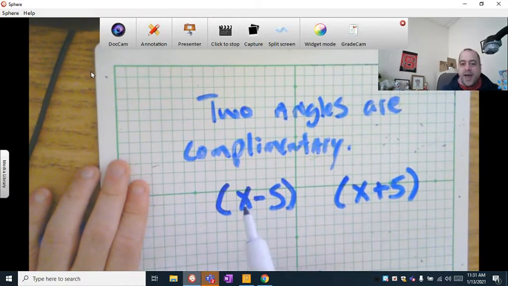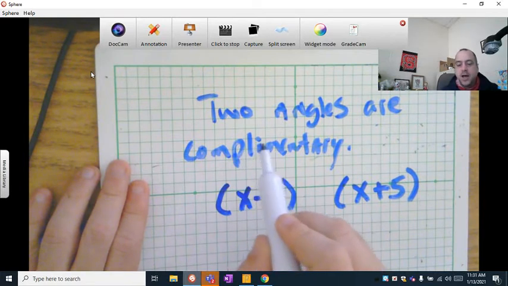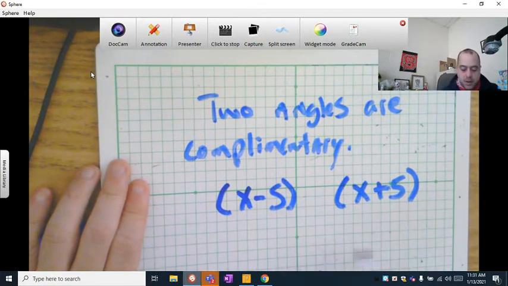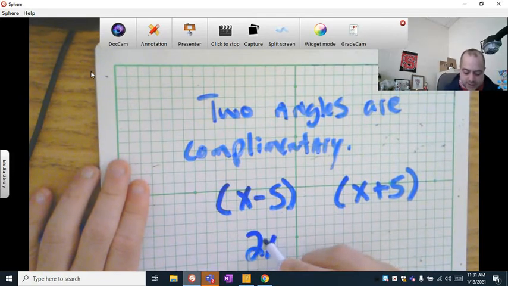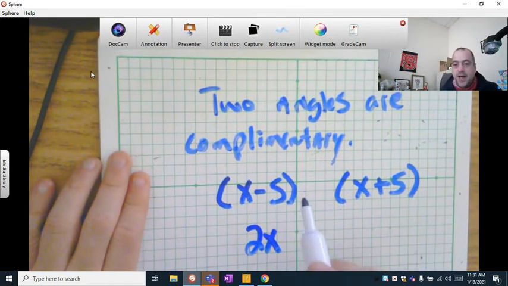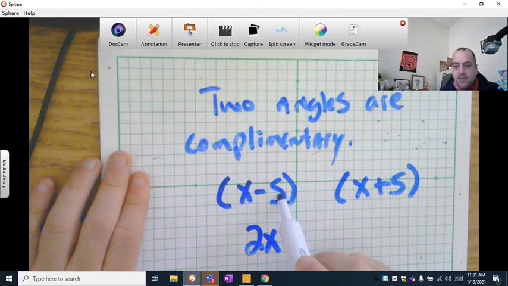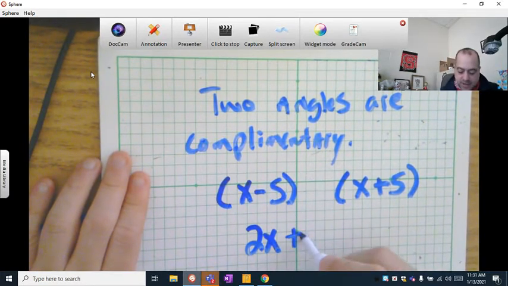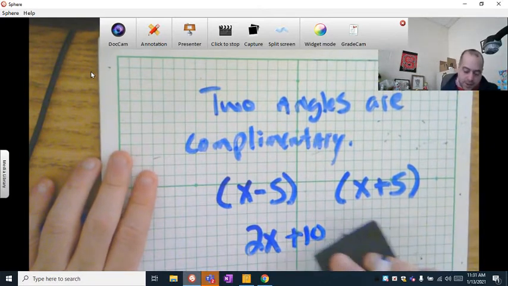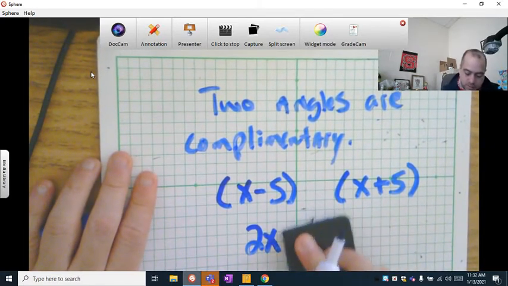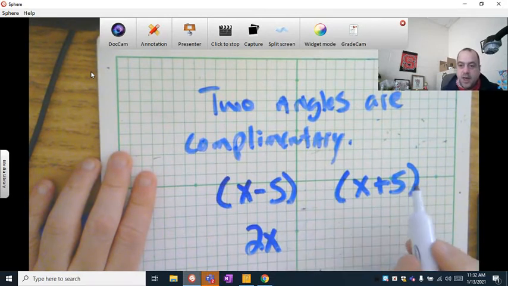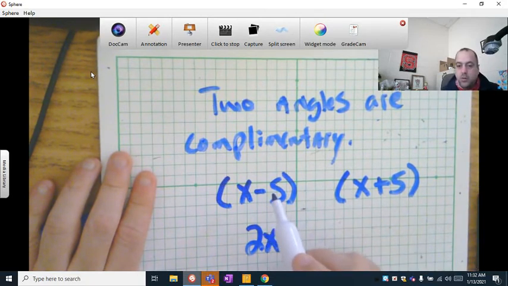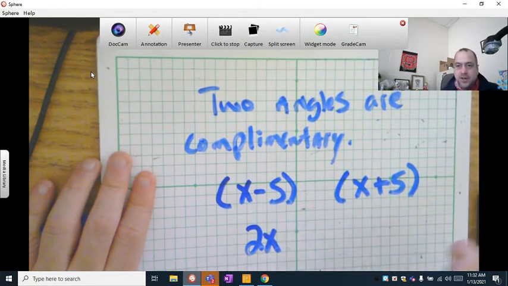So we know we have to add these two together and make them equal to 90 because complementary means the sum is 90. X and x give you 2x. Now this is important because a lot of people last class wanted to say 5 and 5 make 10 and they wrote 10 down. That's wrong, okay? That's minus 5 and a positive 5. Well, negative 5 and a positive 5 make 0. So when you add these together, it's 0.